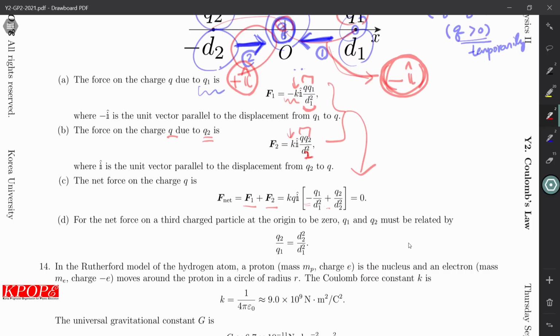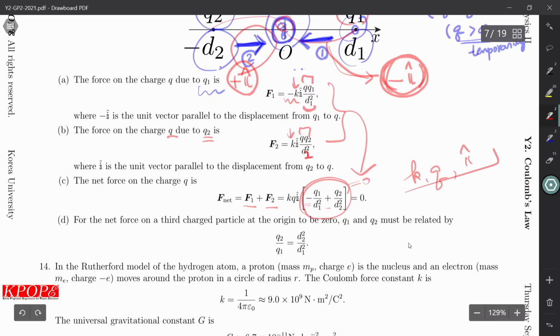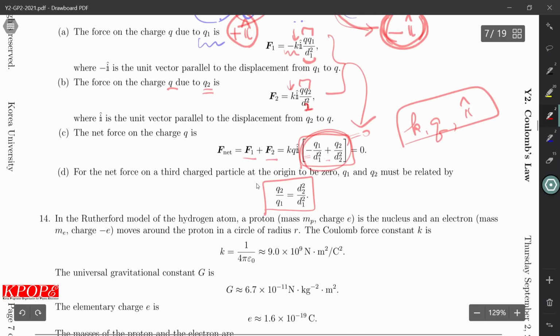They must cancel, so this one should vanish. It is impossible for K and Q to vanish, and i hat is non-vanishing, so only this vector can vanish. The result is Q2 divided by D2 squared, subtracted by Q1 divided by D1 squared, must be 0. That leads to this equation.